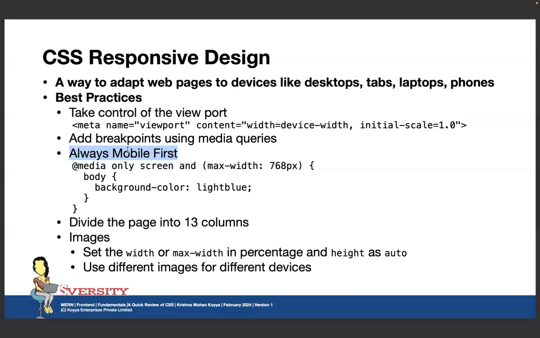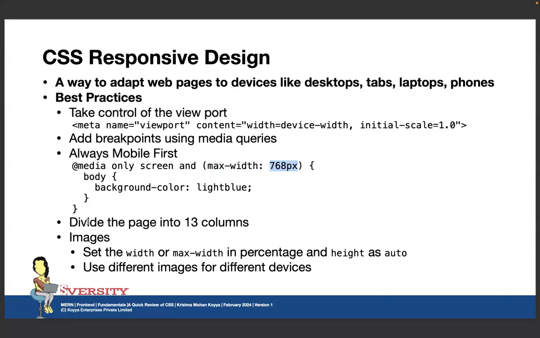So to make sure that the job is done quickly for mobile, you always write your style sheets optimized for mobile devices first. For example, here I'm saying that as long as the media has a maximum width of 768 pixels, then apply this particular selection. That's what we are saying here. So it should appear first, then the next things.